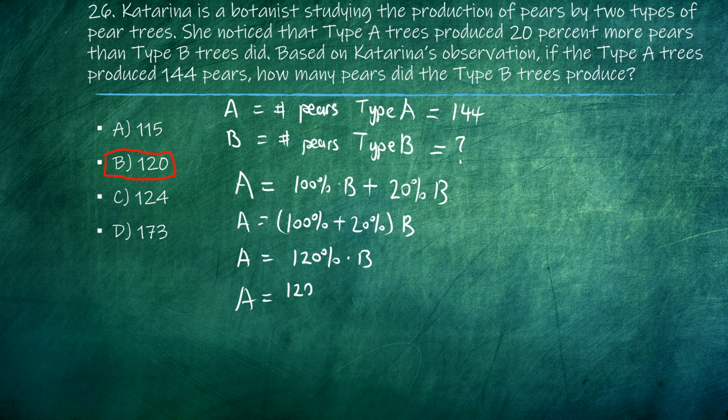So 120 over 100 times B, which simplifies into 1.2 times B. So now we have this simple equation, and we know what A is, so we can solve for B. Let's do that. So A is 144. So 144 is equal to 1.2B, and so we divide by 1.2 on both sides.